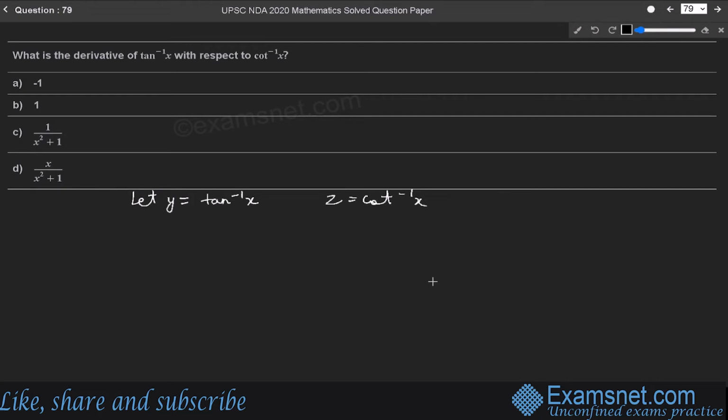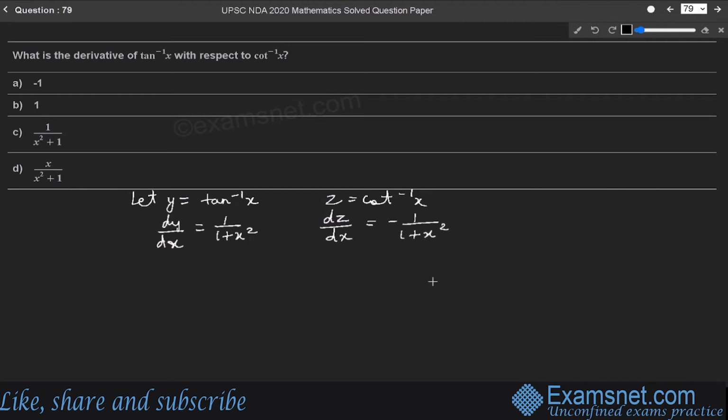Now its derivative will be dy upon dx is equal to 1 upon 1 plus x square, and dz upon dx is equal to minus 1 upon 1 plus x square.